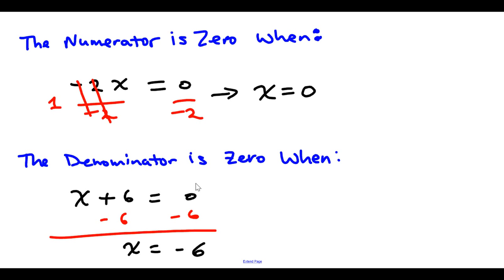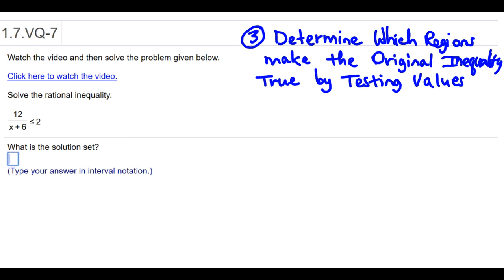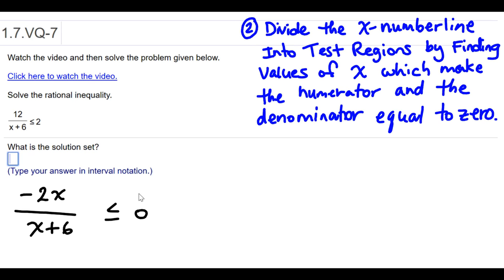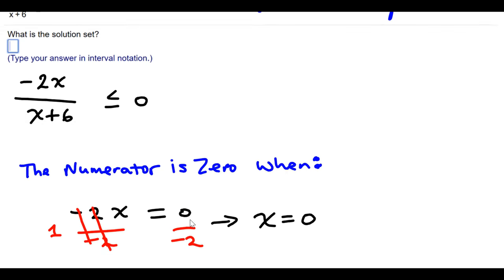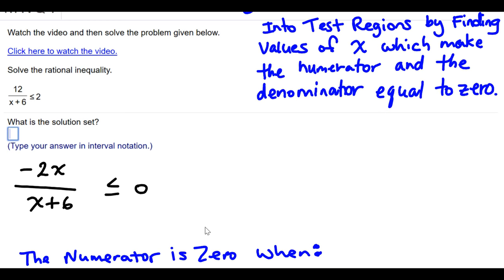Right, so my two critical values will now be used to split up my number line. Okay, so here's my number line, and this is for x values that would make my inequality true.